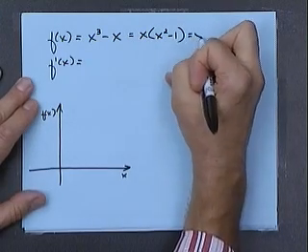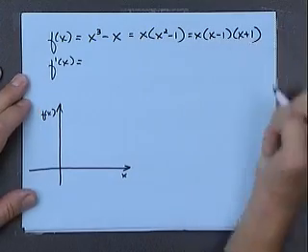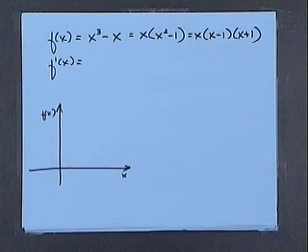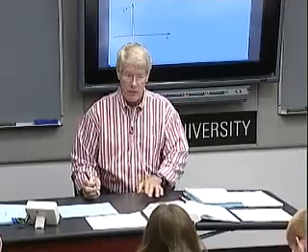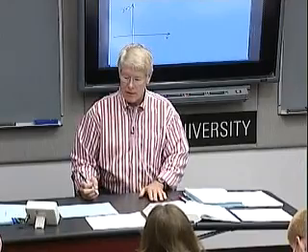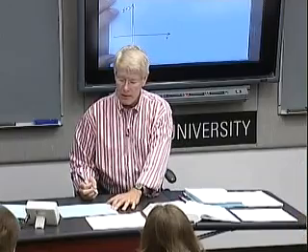So the fact that we have 3 linear factors, does that indicate values that we can plot that are pretty important points that we want to make sure we plot? Yeah. So when x is 0, what's y? 0.